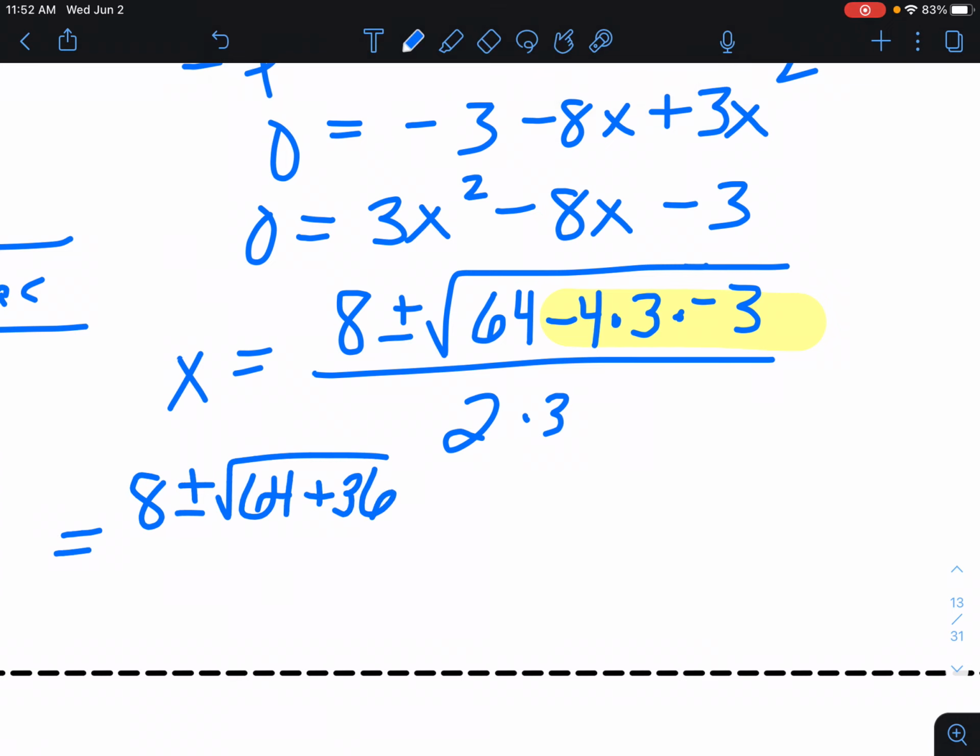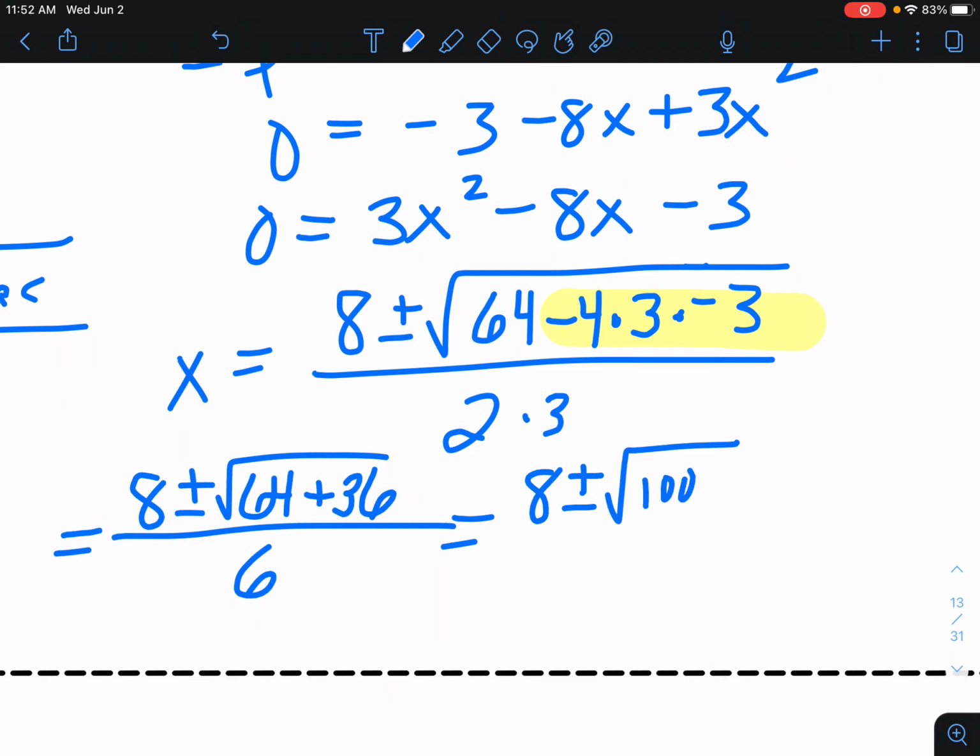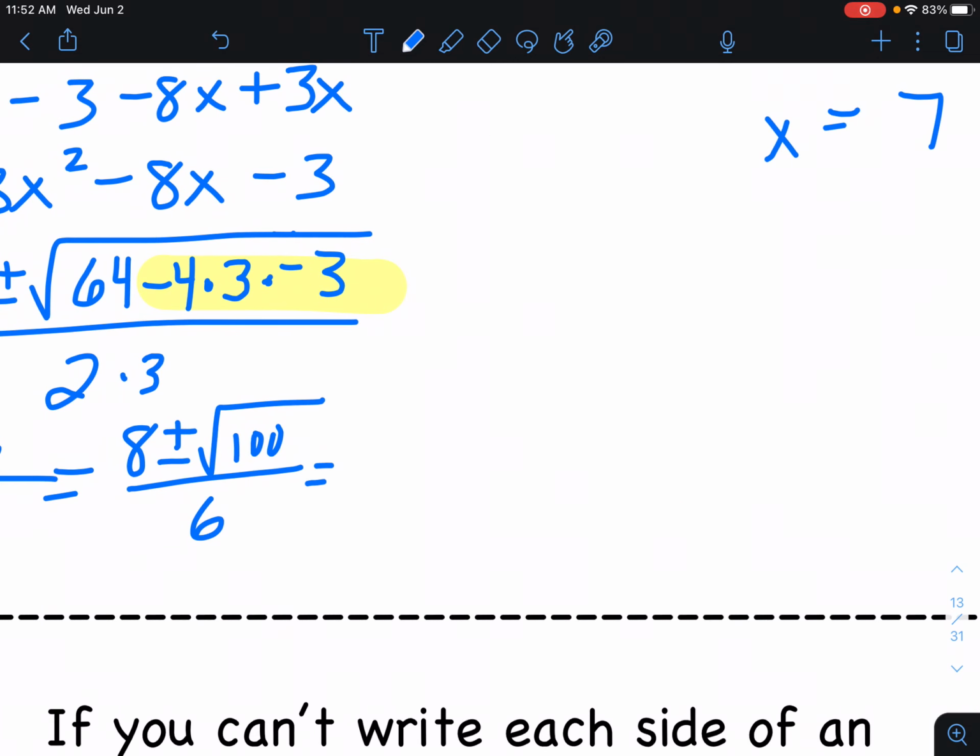And then in the denominator, 2 times 3 will get 6. In the radical, we can add the 64 plus 36 to get 100. And next, we want to work on that radical now that it's down to one number. Square root of 100 is 10.